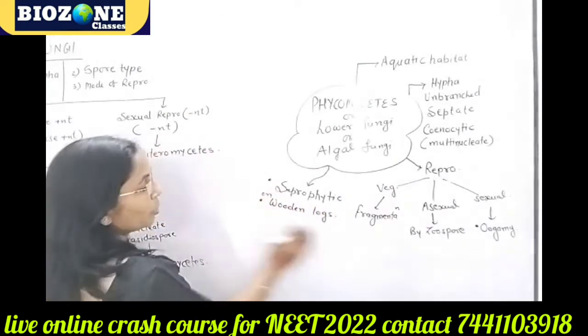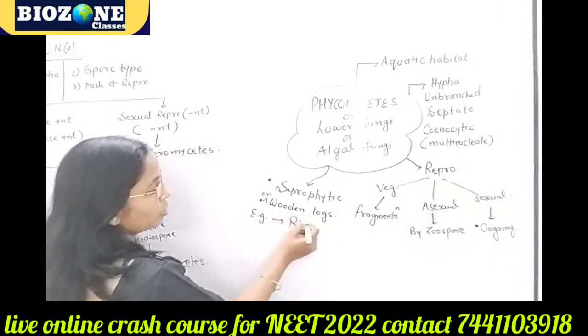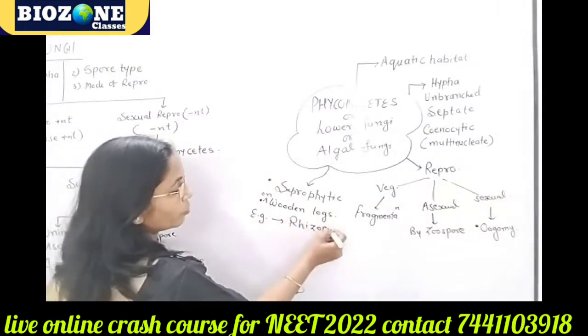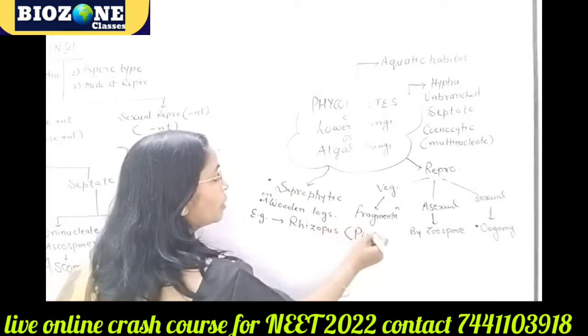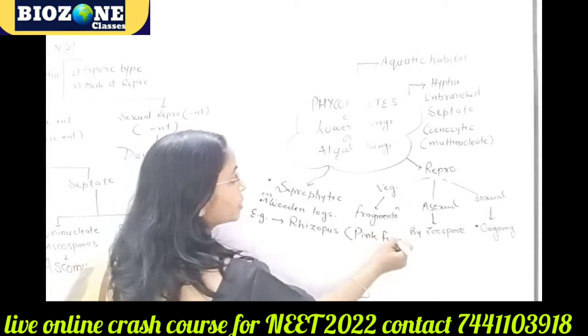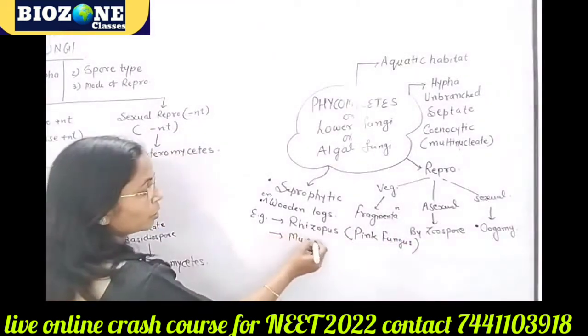They grow as saprophytes. Example, Rhizopus or bread mold, pink color. That's why it is called pink fungus. Secondly, Mucor.